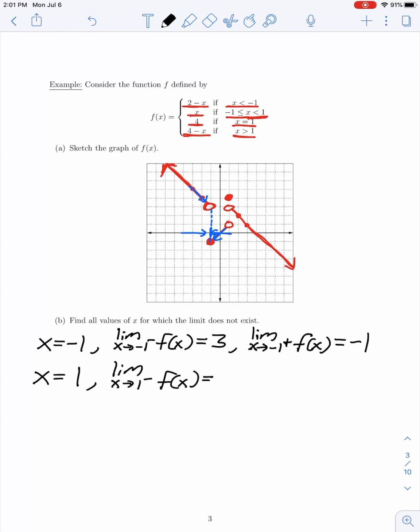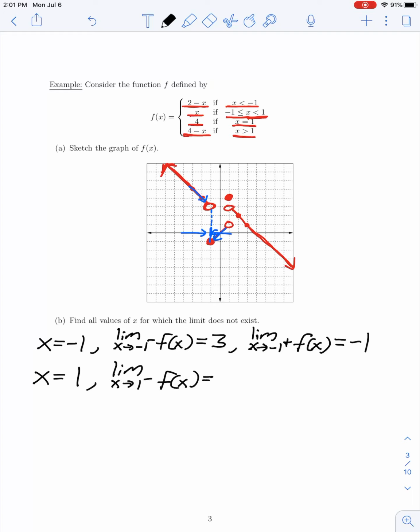So as x is approaching 3 from the left-hand side, we can see the values of our function are approaching negative infinity. Therefore, we have a negative infinite limit here.